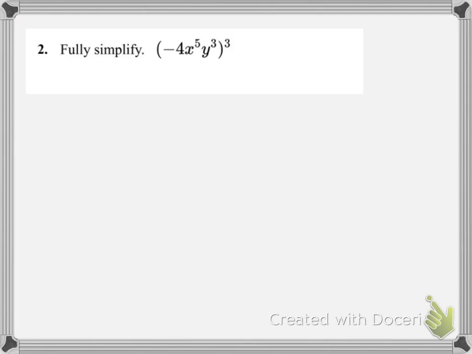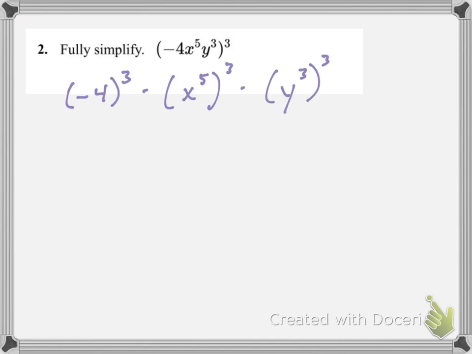Same thing here. So now, here's the only difference. Now I have negative 4 to the 3rd power times x to the 5th to the 3rd power times y to the 3rd to the 3rd power.